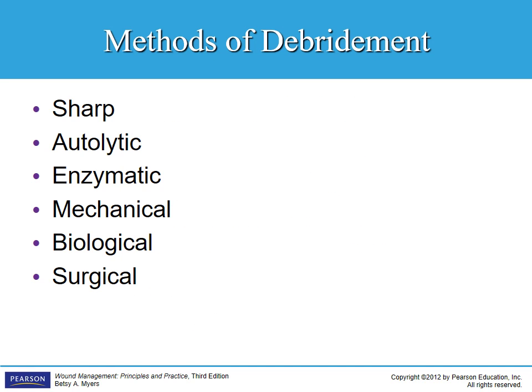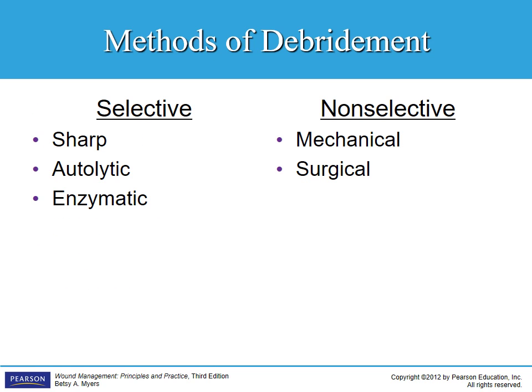Here are the methods of debridement that we're going to be going through. There's sharp, autolytic, enzymatic, mechanical, biological, and surgical. We'll go through each of these. I've already talked about selective and non-selective. Sharp, autolytic, and enzymatic are selective, meaning that you are looking at specific devitalized tissue that you're taking off, okay?